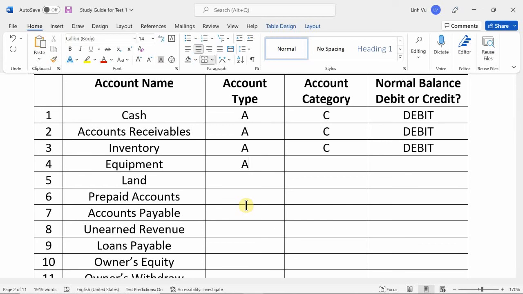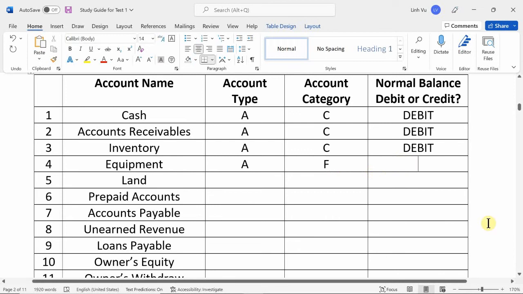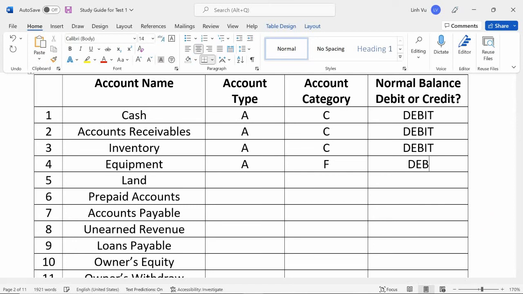This one would not be current, because can we actually sell our equipment for cash and get it instantly? No. So would it be a fixed asset? Yes, because it's part of PP&E, property, plant, and equipment. And what kind of balance would this have? A debit.